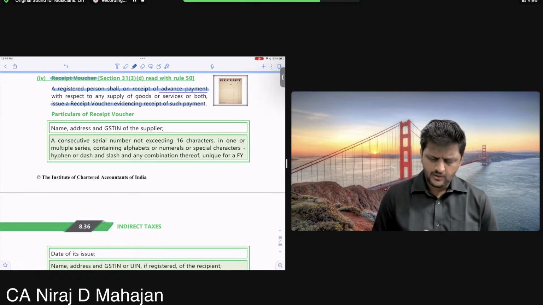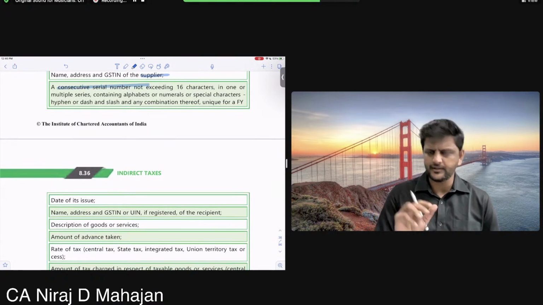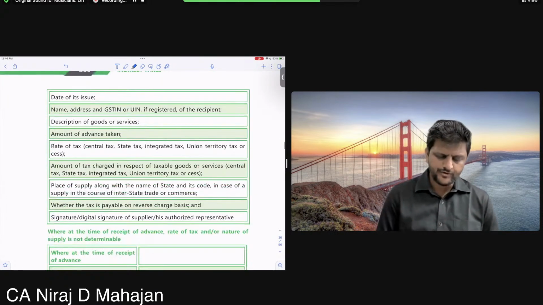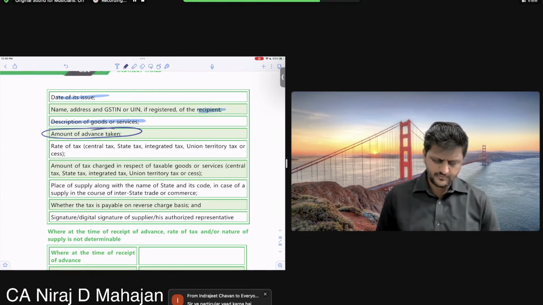Again the format of the receipt voucher: details of the supplier, voucher number, again that sequence, date of its issue, then recipient's details, description of goods and services. Have you provided yet? No, you are going to provide. Not everything. Amount of advance taken.